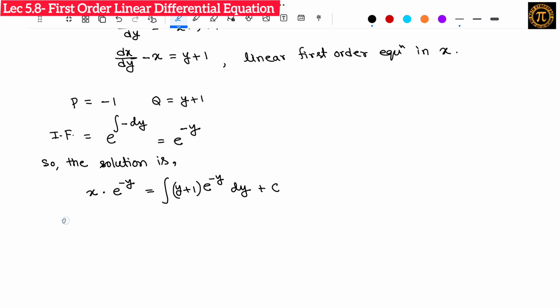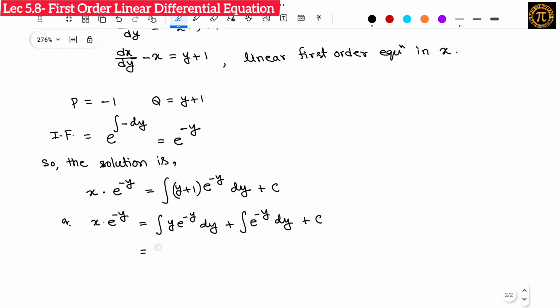Or x e to the power minus y equals, you can break this integration, so integration of y e to the power minus y dy plus integration of e to the power minus y dy plus c. Now for y e to the power minus y, let's apply the uv formula. So you are getting y times integration of e to the power minus y dy.